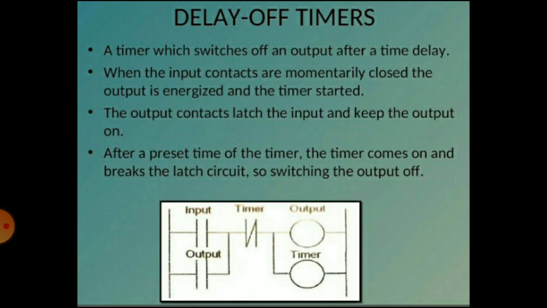So it is a timer which switches off an output after a time delay. When the input closes or input contacts are momentarily closed, the output is energized and the timer started. The output contacts latch the input and keep the output on. After the preset time, the timer comes on and breaks the latch circuit, so switching the output off.